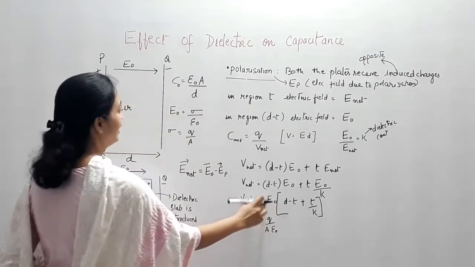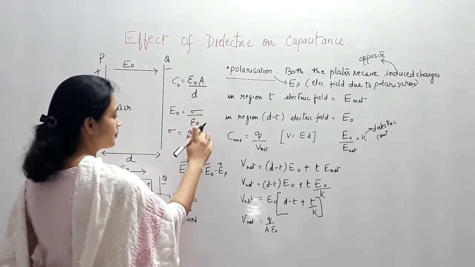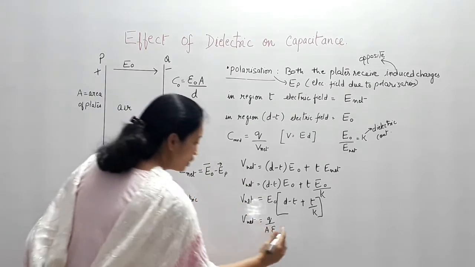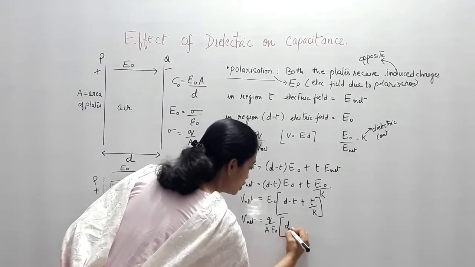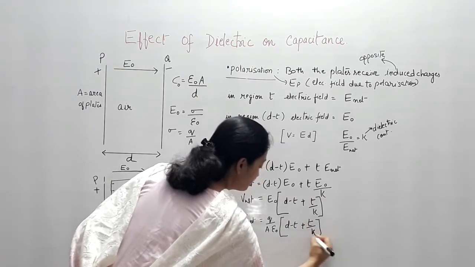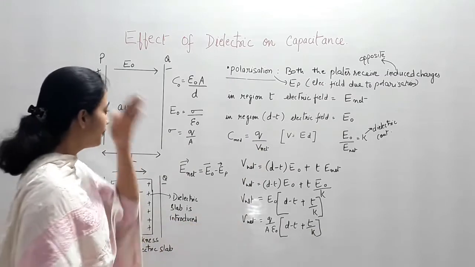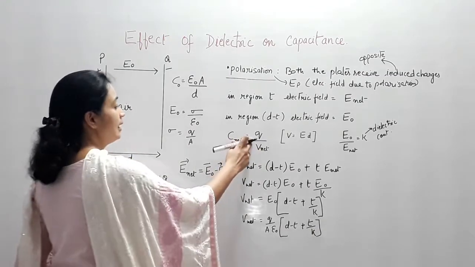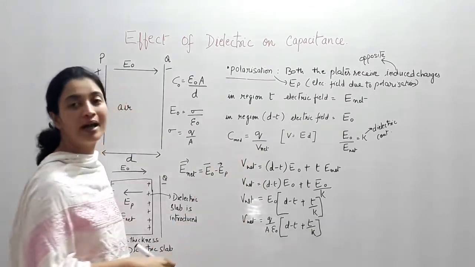So this term remains the same, D minus T plus T upon K. I've got the value of V. I can directly put it in this formula and get the required steps.